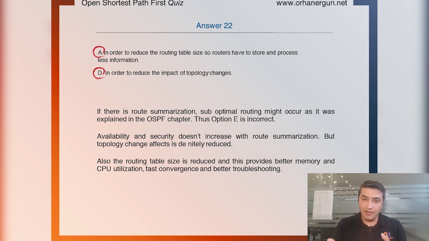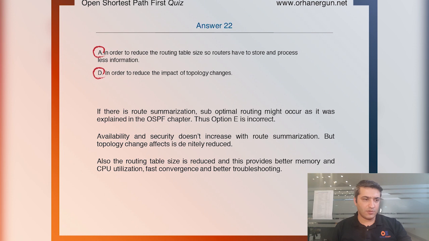If you can summarize, it means you have a multi-area OSPF design, and between the areas we don't have topology information. If something fails, if you add a new subnet, or if you change the metric of a subnet, the impact will be much less in another area. That's why the answer is A and D.